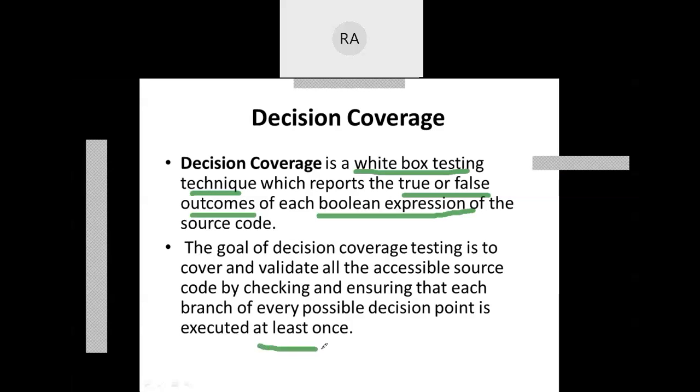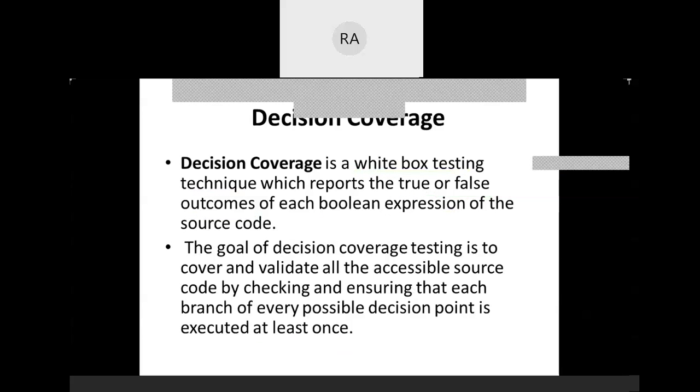This is the most important point to remember. At least once you traverse the source code, access the Boolean expression and deal with its outcomes. As you already know, a Boolean expression will have either true or false, so you validate whether it is happening properly by going for decision coverage.